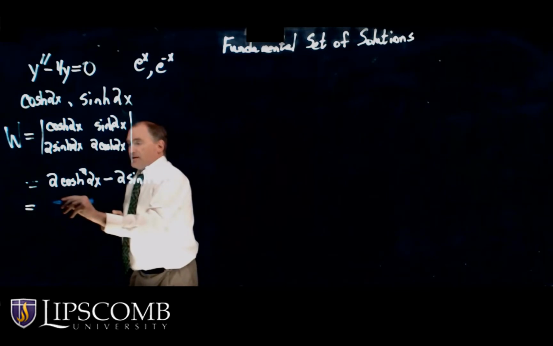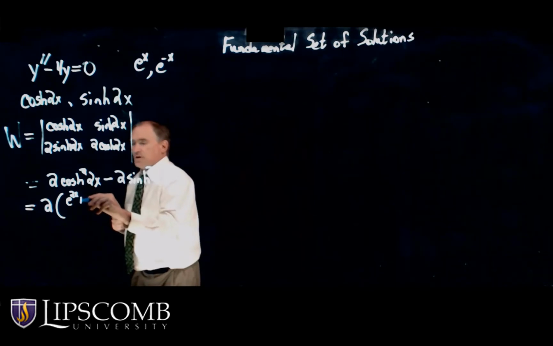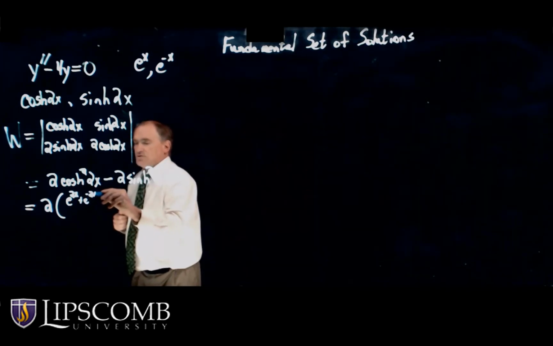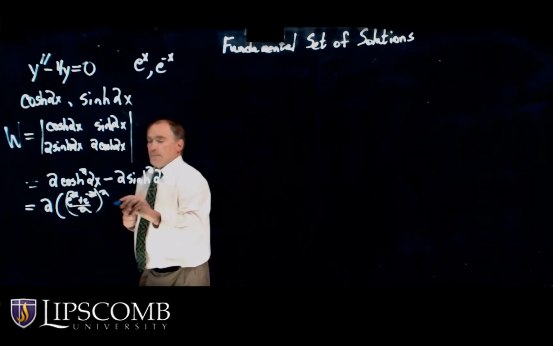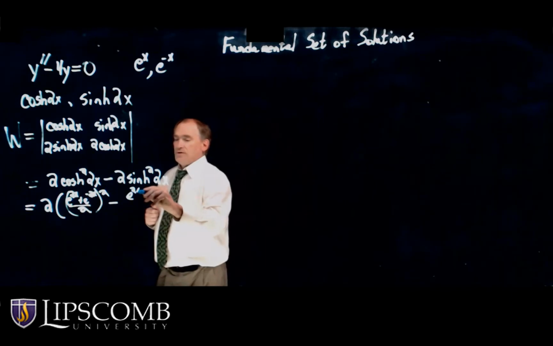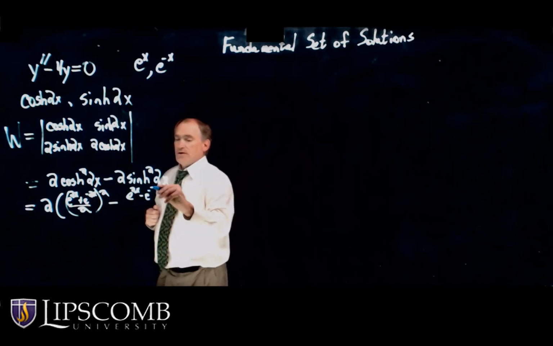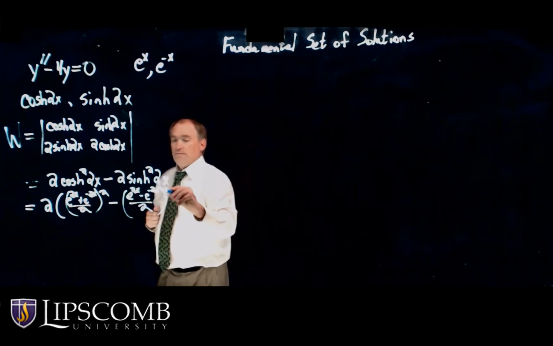So think about it. This is 2 times e to the 2x plus e to the minus 2x all over 2 squared, minus e to the 2x minus e to the minus 2x all over 2 squared.